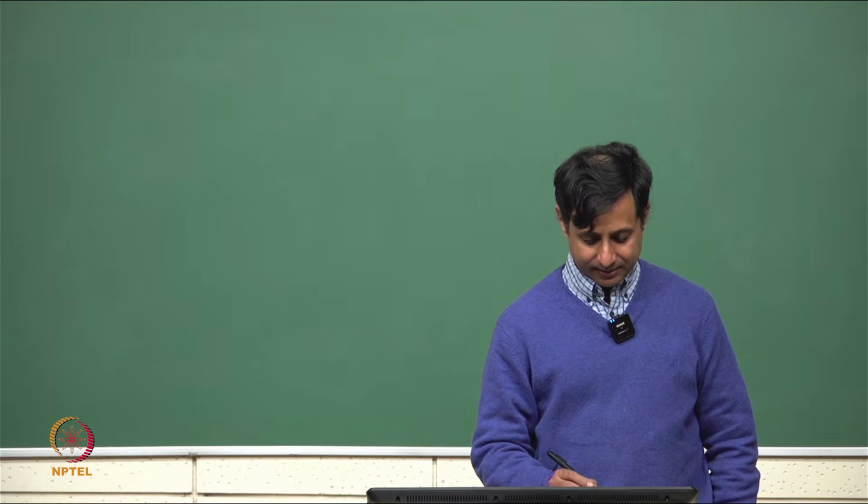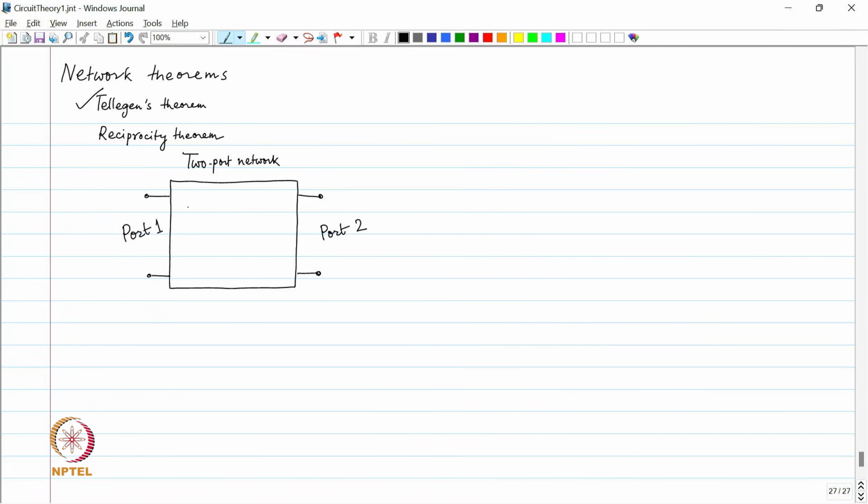It is valid when the two port network contains linear components only, and passive components only.